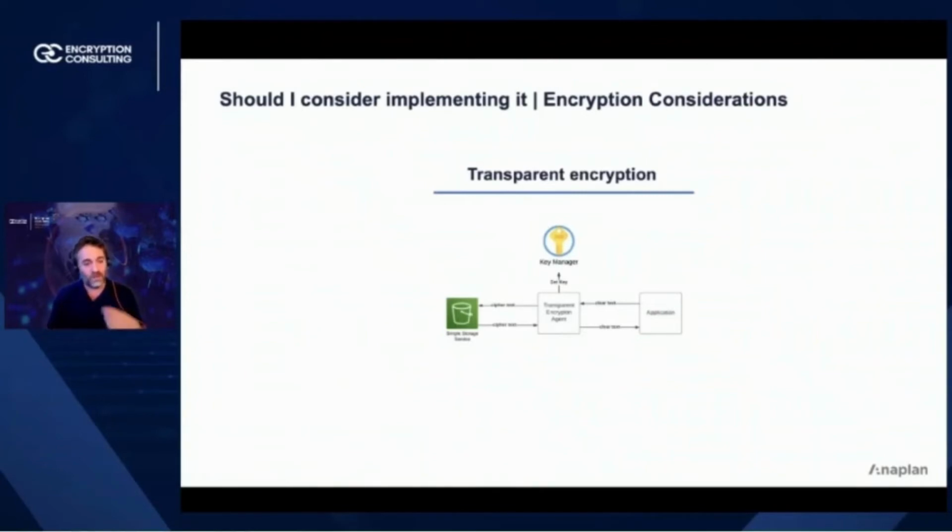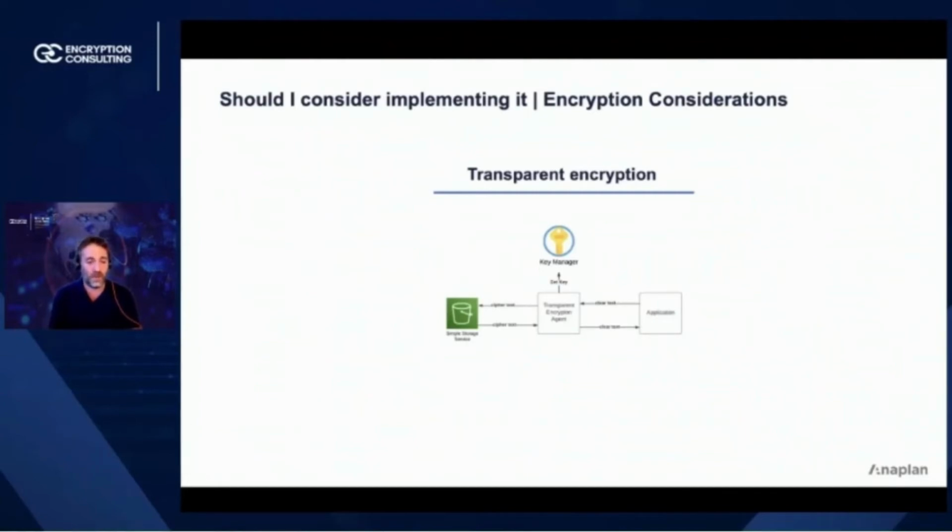So the only component that needs access to the keys is that middleware or agent, depending on the implementation. That component needs access to the keys and encrypts the data, and then the data is encrypted in S3. So the data is encrypted both on the disk and also in S3, meaning when you try to access S3, you don't see clear text.